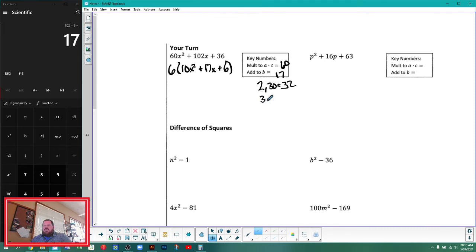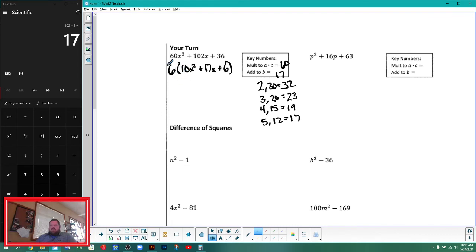I have 3 and 20, which is going to add up to 23. 4 and 15 is going to add to give me 19. 5 and 12. Ooh, there it is. 5 and 12 add up to 17.